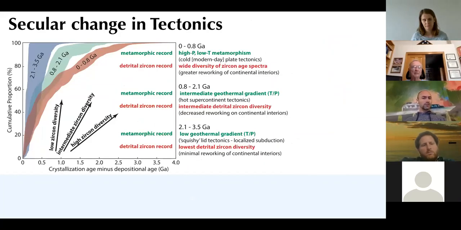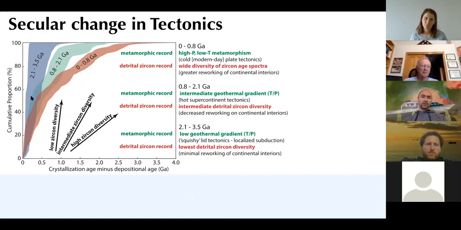I would posit to you today that we see similar trends in the detrital zircon ages through time. The sediments that were deposited between 3.5 and 2.1 billion years show very much unimodal age distributions, and we have a step at about 2.1 billion showing us an increasingly multimodal proportion of ages, and then again at 0.8 another step to the highest degree of zircon diversity.